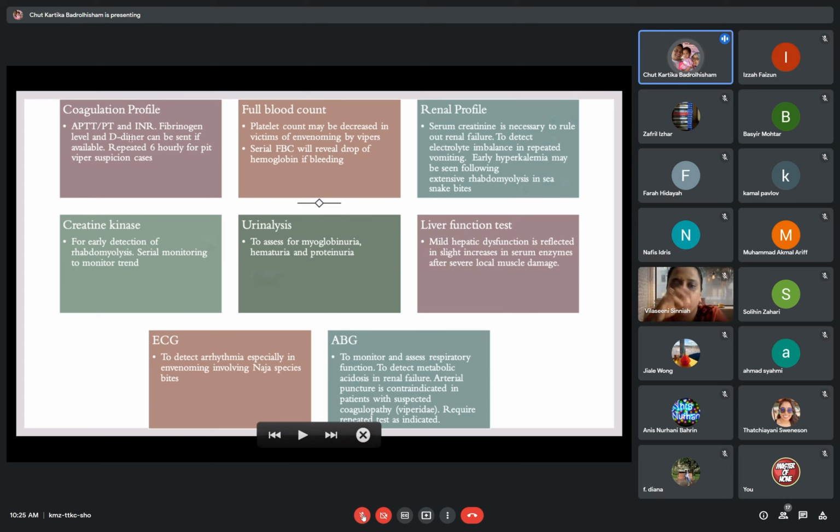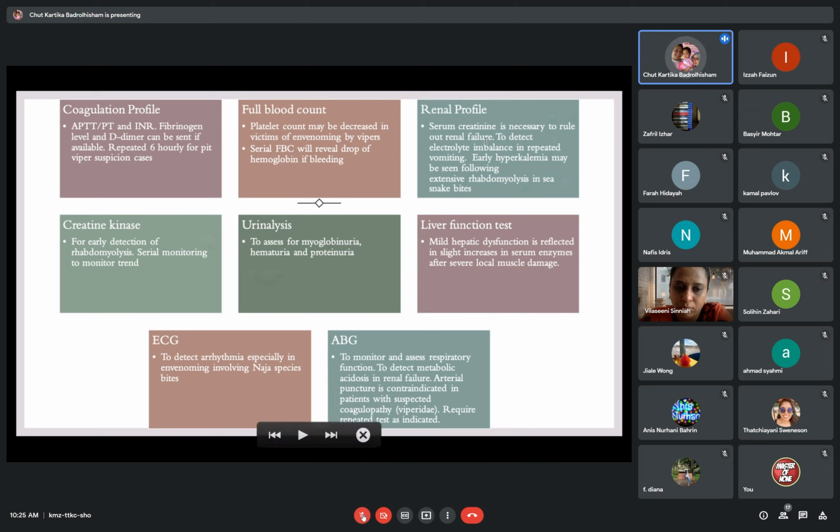These are important because hematotoxic venom, like from Viperidae snakes, will have an effect on coagulation: the APTT, PT, and INR will be prolonged, and fibrinogen level and D-dimer can also be sent if available. In FBC, platelet count will be decreased in Viperidae envenoming. Also in FBC, if there is a drop of hemoglobin, it means the patient has bleeding.